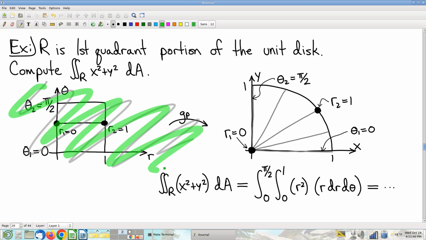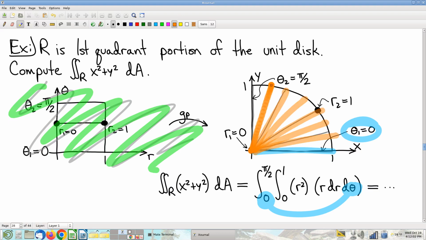Right? And I'm just going to say, all right, well, on this domain, there's my first theta slice. That first theta slice happens when theta is equal to 0. So my starting value of theta is 0. And then my theta slices kind of look like this as I go along. These are all different theta slices.